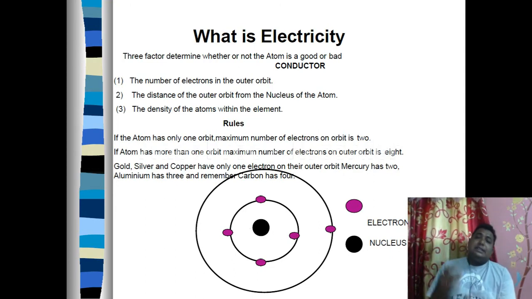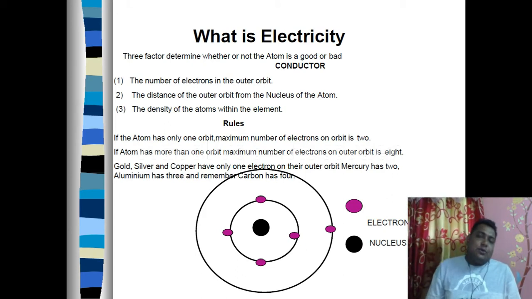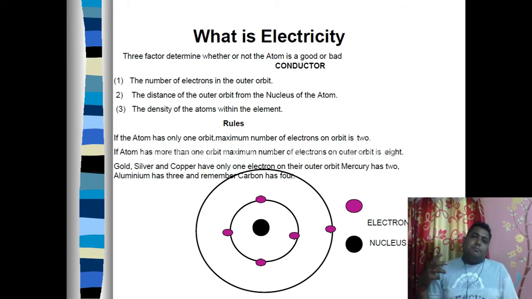So when the distance increases, the attraction between proton and electron decreases. Already in the previous slide I told that protons are positively charged and electrons are negatively charged, so they attract each other.